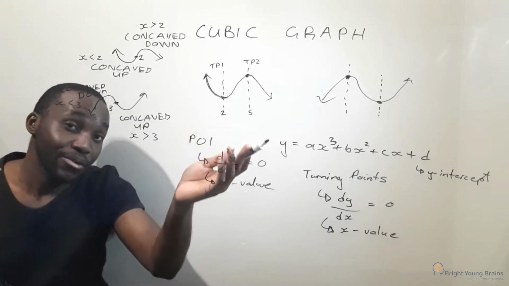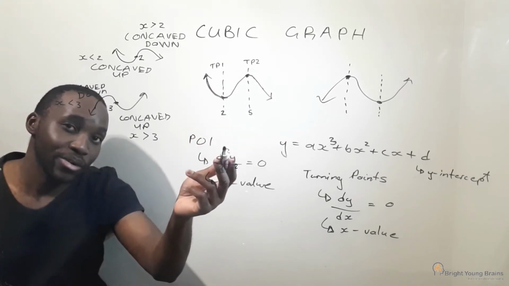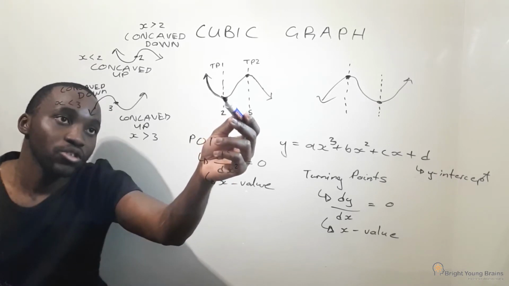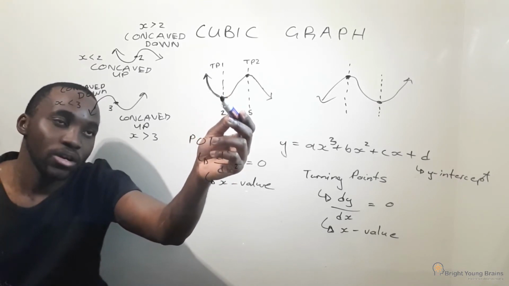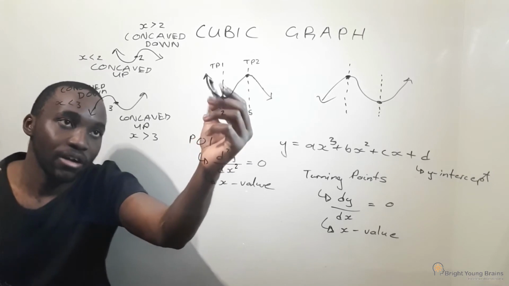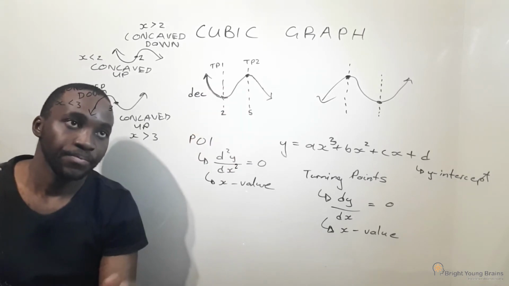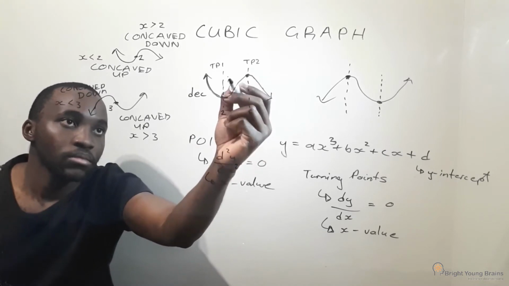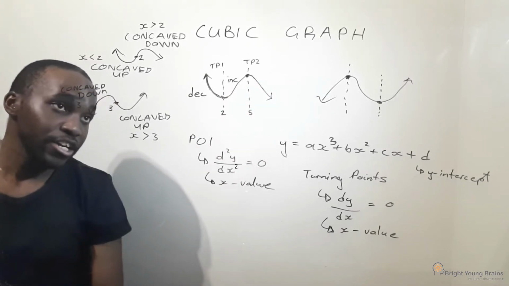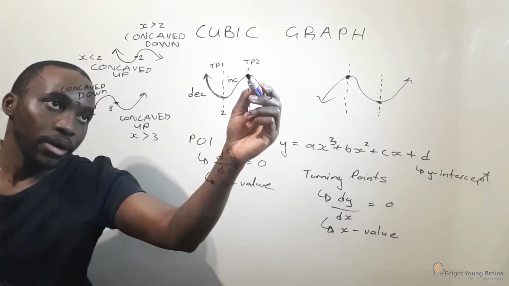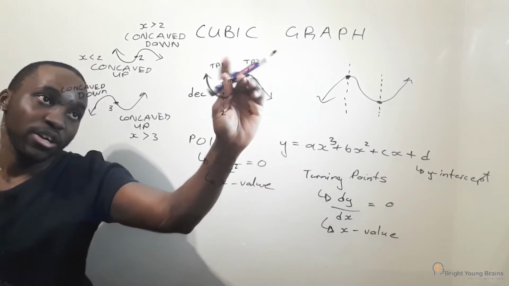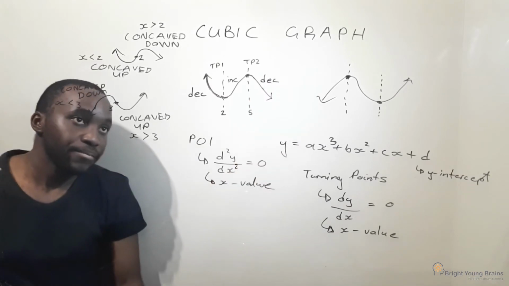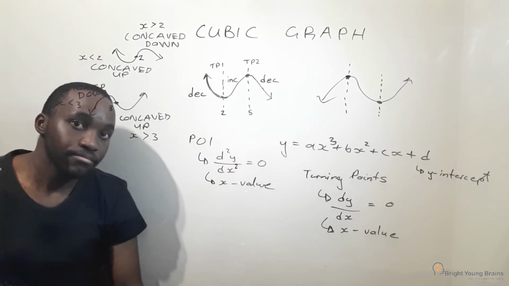All the portions where your roller coaster is going down, that's where the graph is decreasing. The portion where our roller coaster is going up, that's where our graph is increasing. And then from there the graph is decreasing again.